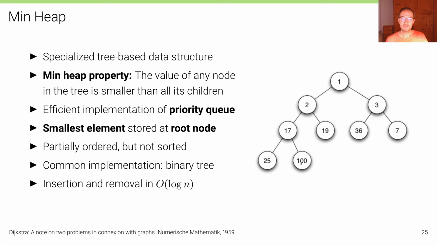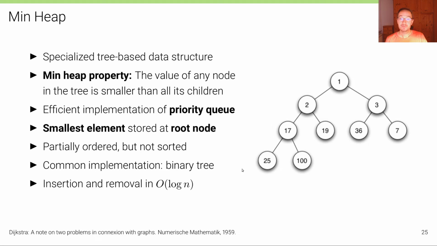It's an efficient implementation of a priority queue, where the element with the highest priority, in this case the smallest element, is always located at the root node. So the smallest element is stored at the root node in a min heap. It is a partially ordered data structure, but it is not entirely sorted.